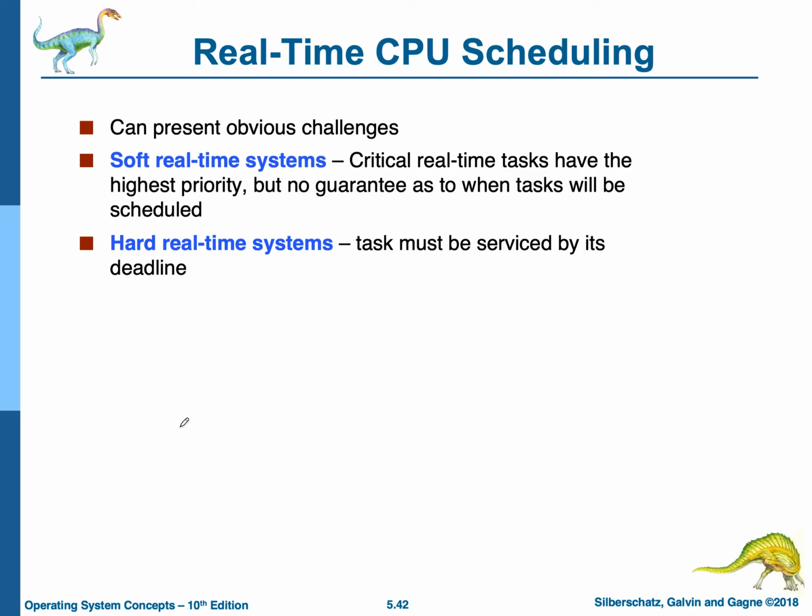For example, in a smart vehicle environment, if two vehicles are about to collide, these two vehicles have to brake. This is a hard real-time system: if this doesn't happen, then an accident will occur. To avoid that accident, every process should be paused for some time, and this process should be attended. So this requires hard real-time priority, hard real-time scheduling. Real-time CPU scheduling is also important when we are dealing with operating systems.